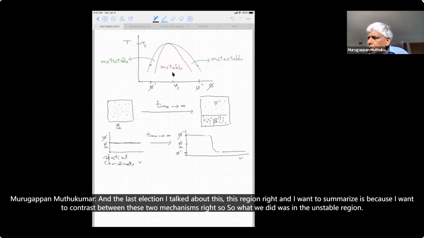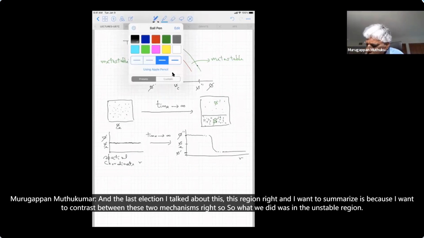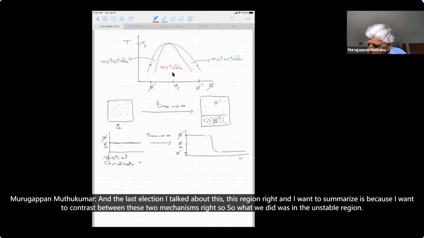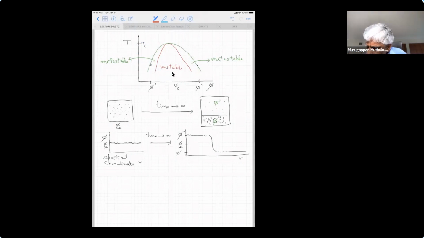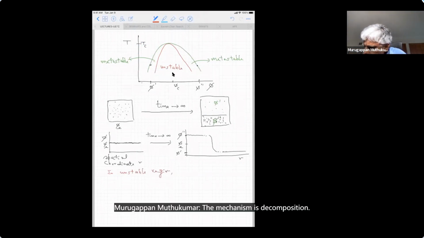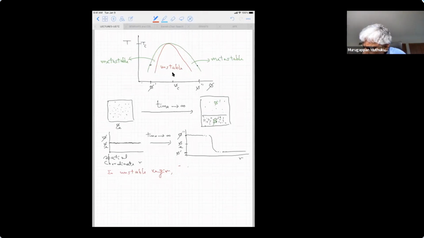And I want to summarize this because I want to contrast between these two mechanisms, right? So what we did was, in the unstable region, the mechanism is spinodal decomposition.